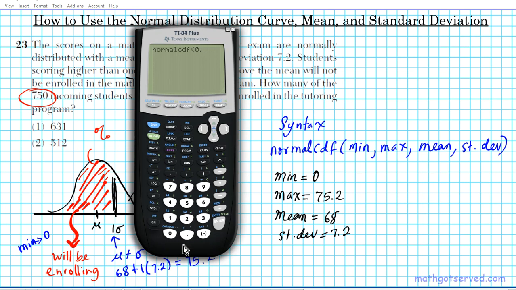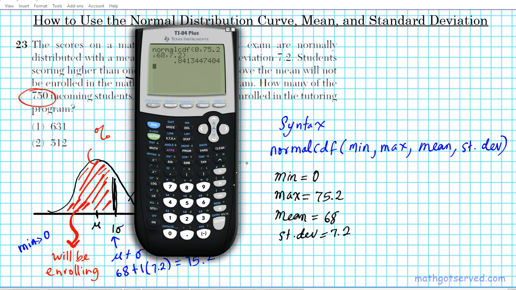There you go. Maximum is 75.2. The mean is 68, and the standard deviation is 7.2. Okay, enter. So it tells us that 84.13% of the population fall here.